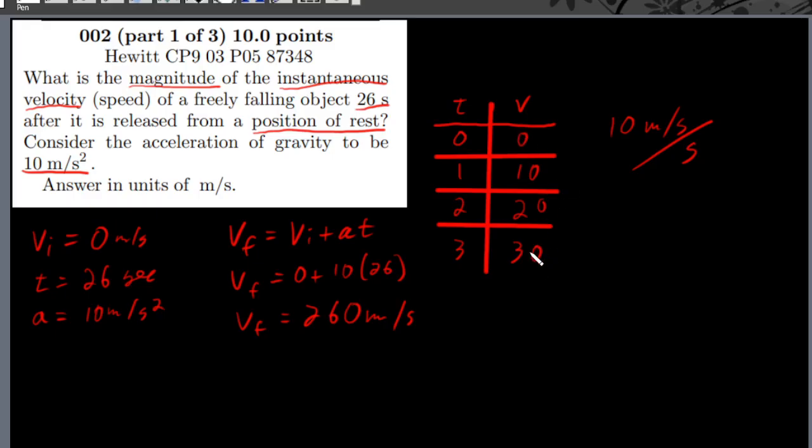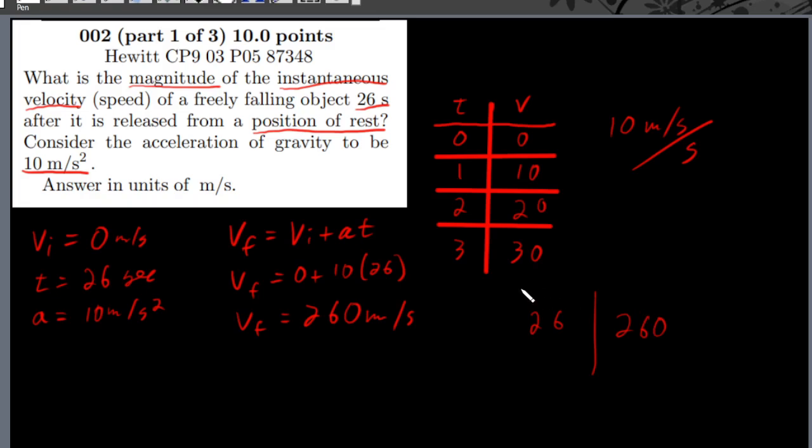And so you can see it's increasing by 10 each time. And so after 26 seconds, the speed would be 260. And so you can either get the formulas out and hammer it with the math and get your answer that way, or you can look and think about it and come to your answer that way. So two ways to sort of make your way through part number 2.